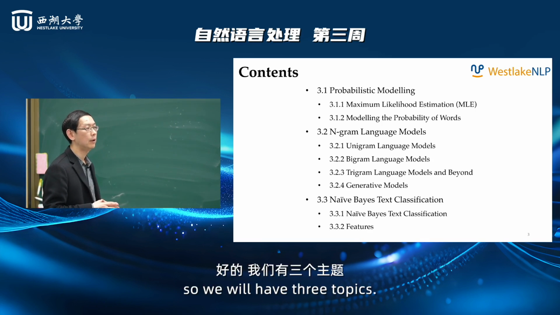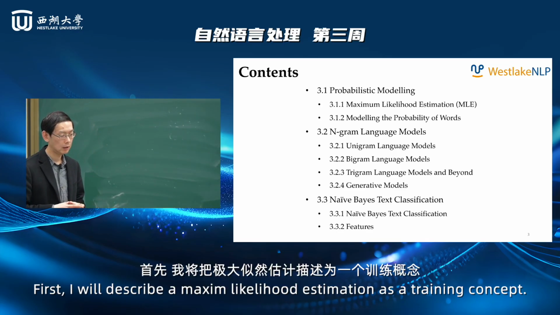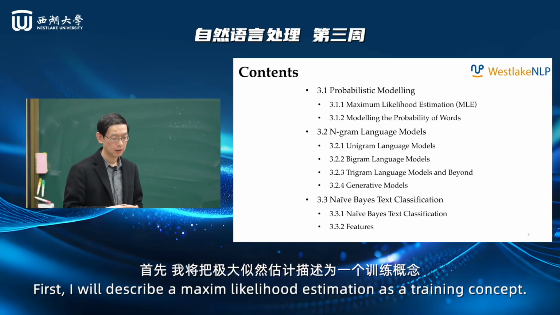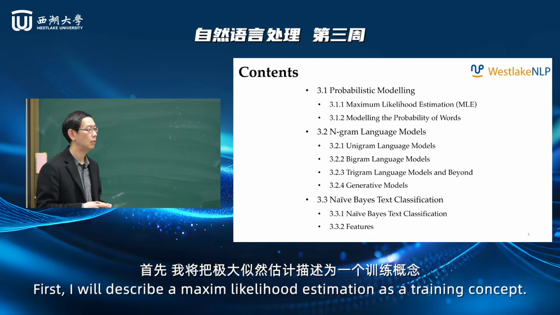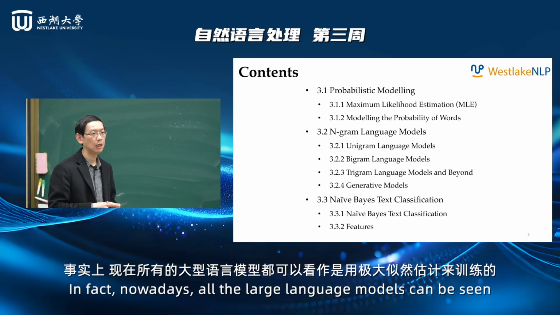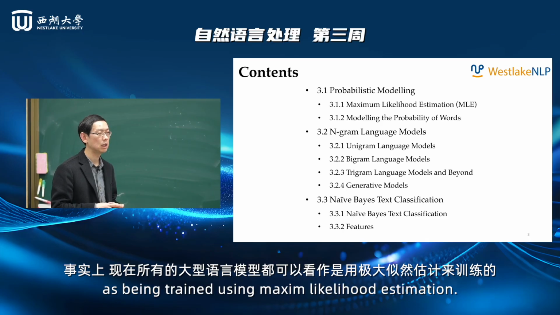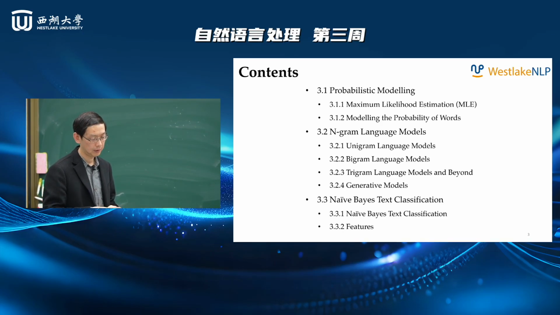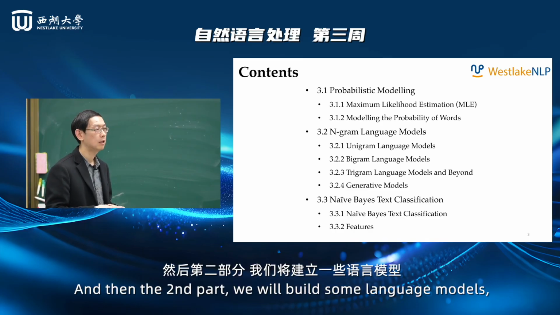So we will have 3 topics. First, I will describe maximum likelihood estimation as a training concept. In fact, nowadays, all the large language models can be seen as being trained using maximum likelihood estimation. Okay? And then the second part, we will build some language models.